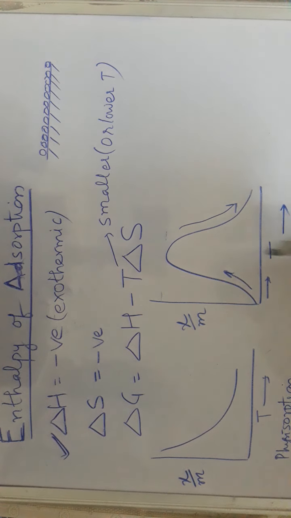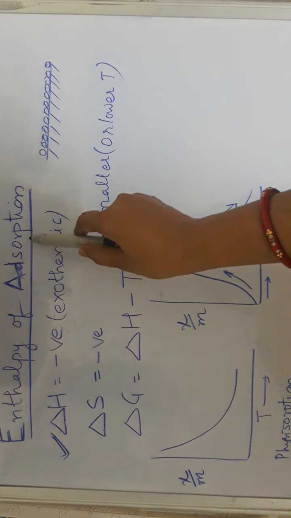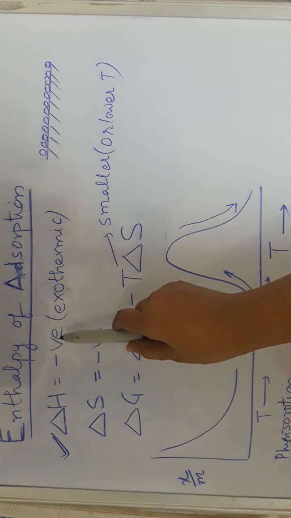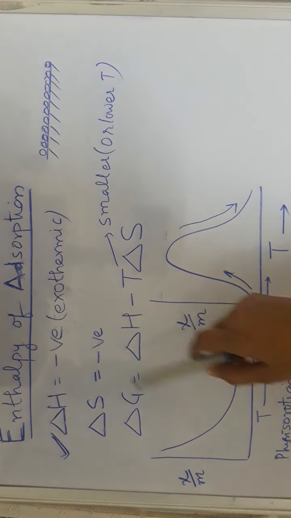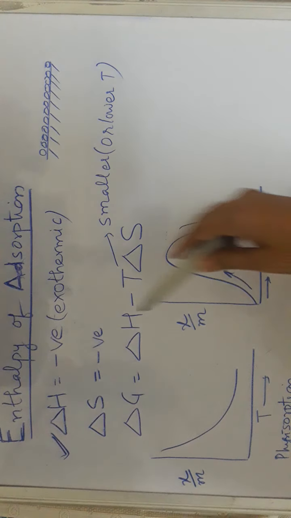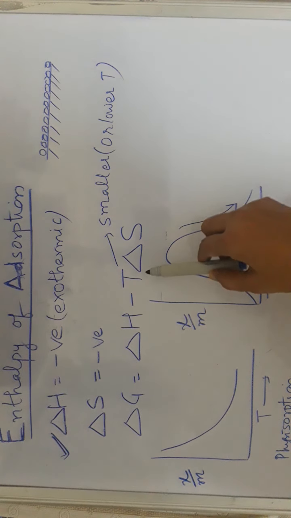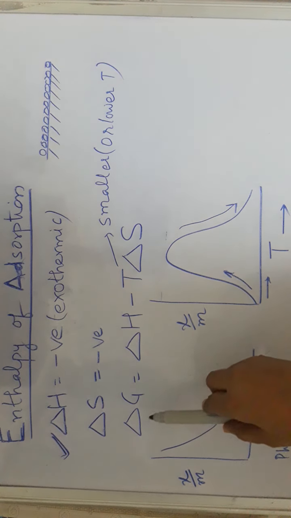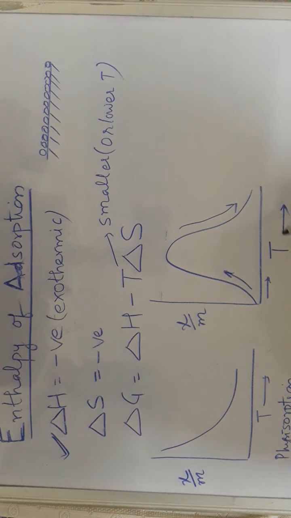You need to remember that adsorption by nature is exothermic. Delta H is negative and entropy change also is negative, and both being negative, adsorption is favorable only at low temperature, or at low temperature delta G will be negative.